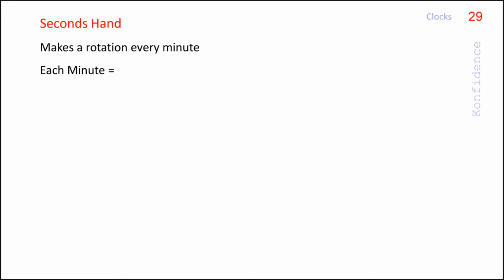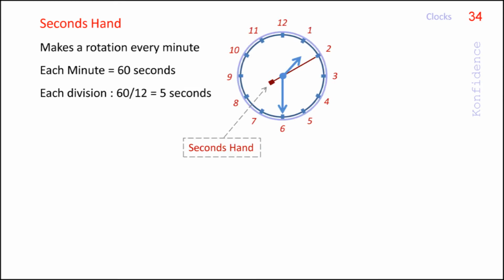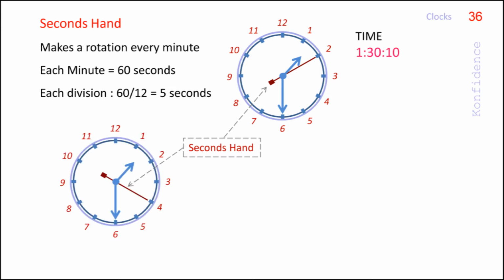Each minute is divided into 60 seconds. So, each of the division will point to 5 seconds. The second hand at 2 will indicate 10 seconds past the minute, and the second hand at 4 will indicate 4 into 5, that is equal to 20 seconds past the minute.